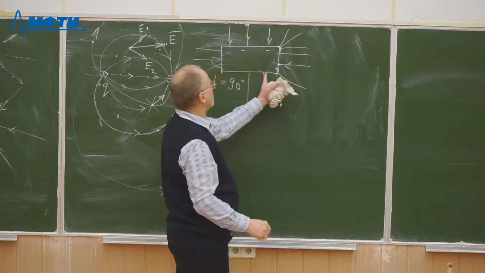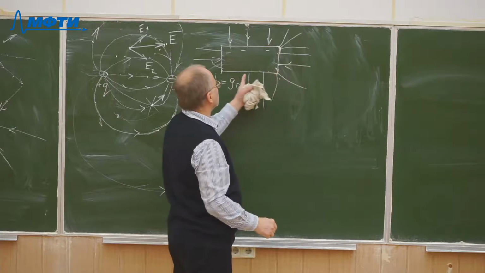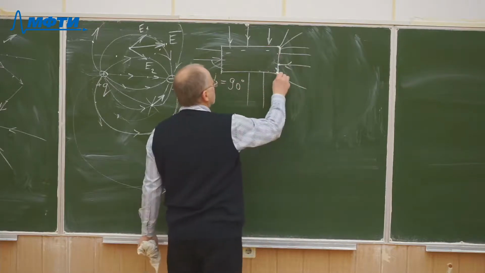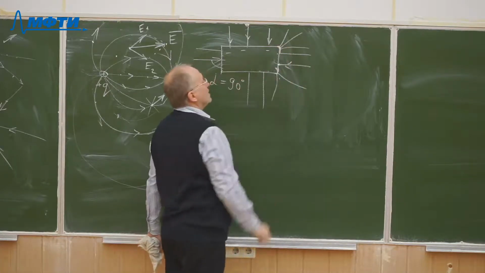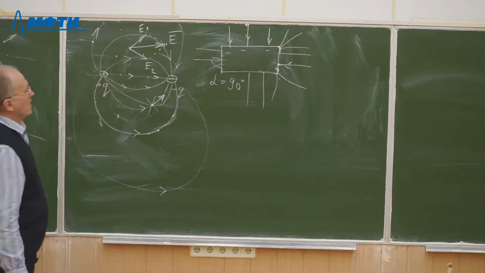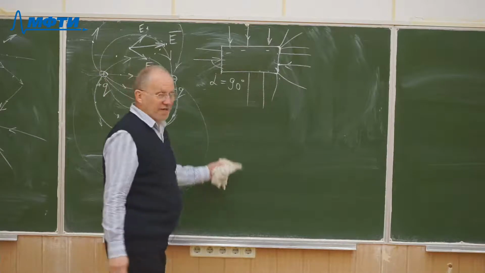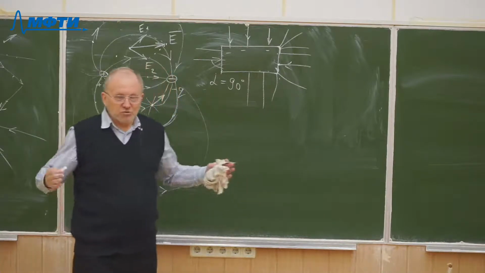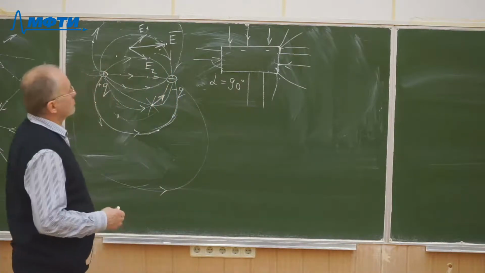But at each point of the conductor surface, the electric field lines will be perpendicular to the local surface of a conductor.